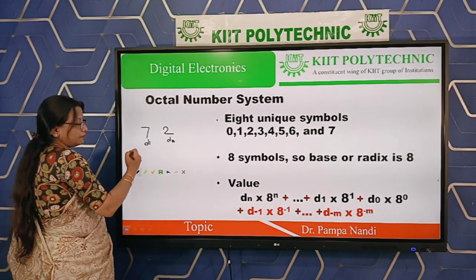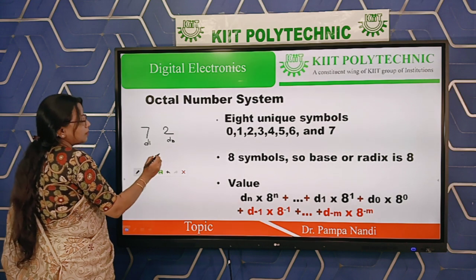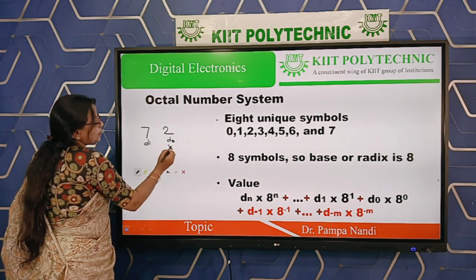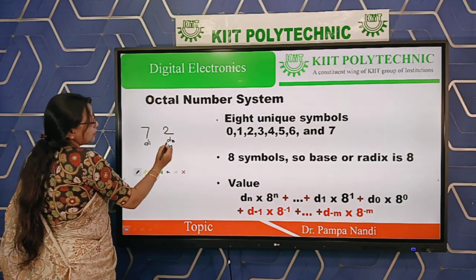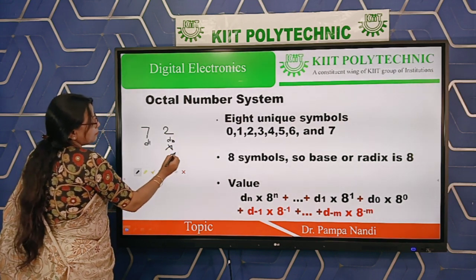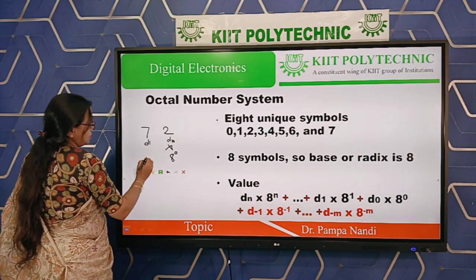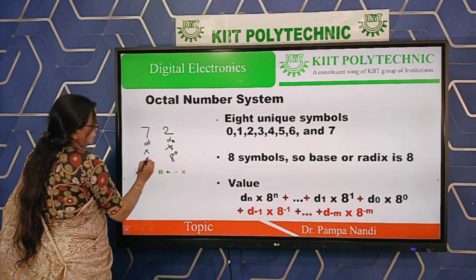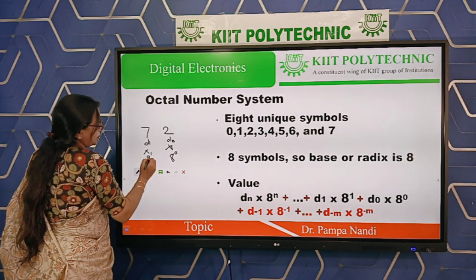If I want to convert this number to decimal, what will I do? Multiply each digit by its weight, the radix power. Multiply by 8 power 1.